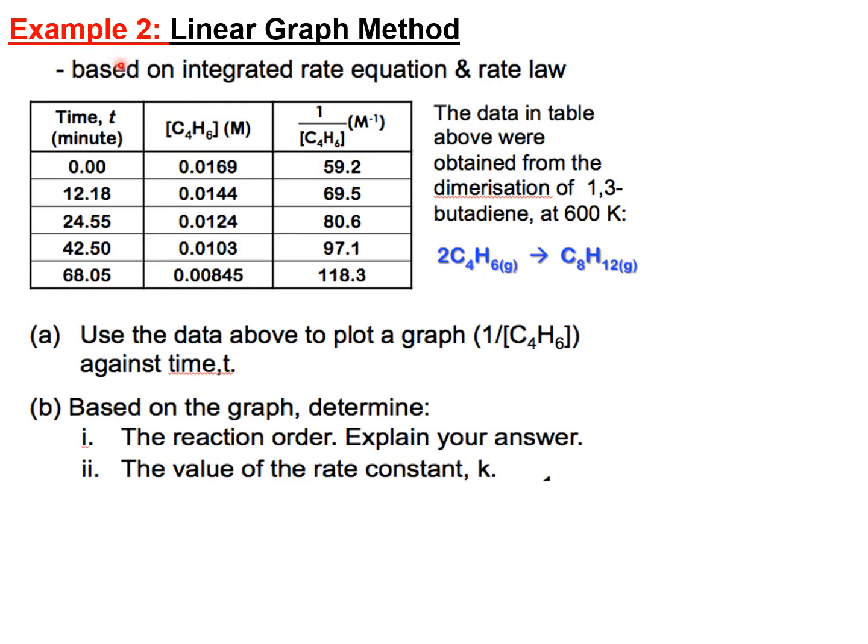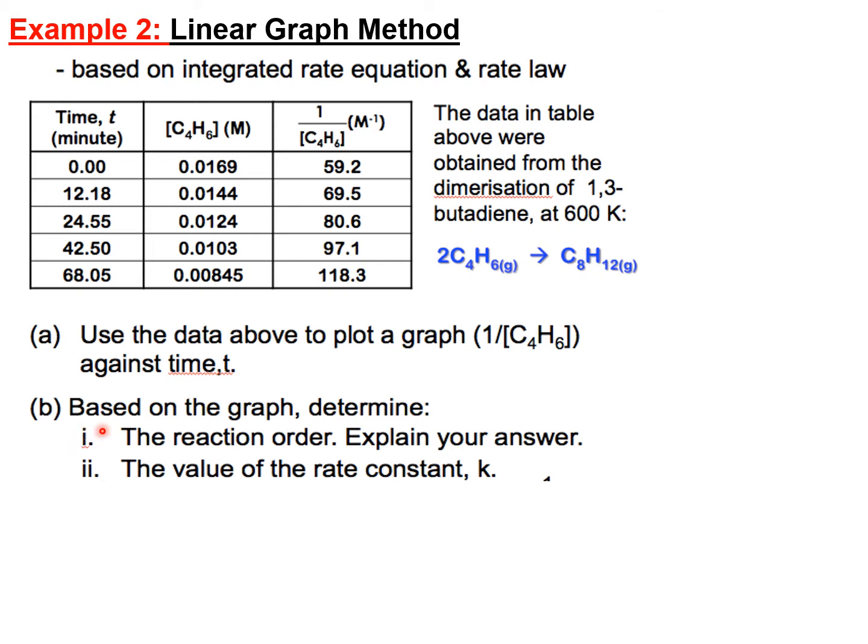Alright, let's look at example 2. Example 2 gives you a table of time, concentration and 1 over concentration of C4H6. Use the data above to plot a graph of 1 over concentration of C4H6 against time in minutes. If the time here is in minutes, follow it, you do not need to convert to seconds.